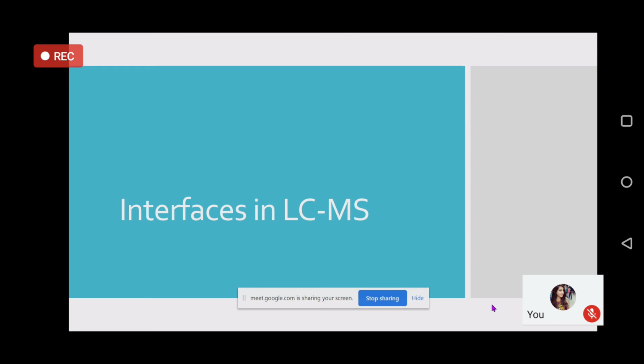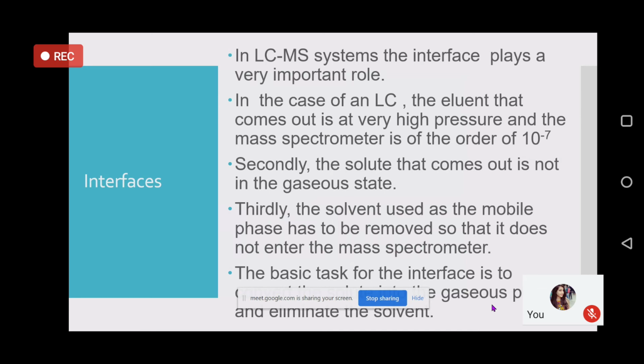So there are advancements, and you will find that the current interface systems bring about ionization also. So there is no separate ionization device which will produce ions from the vaporized or gaseous molecules of the solute. Okay, so let's take the first case.